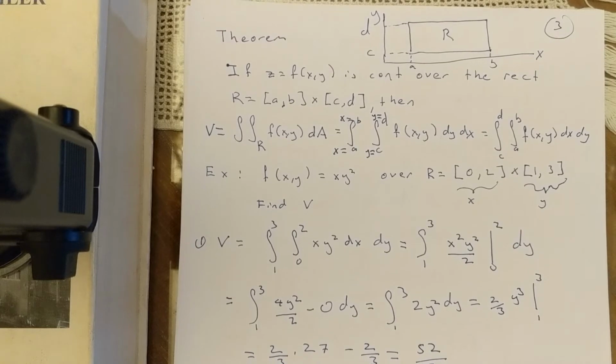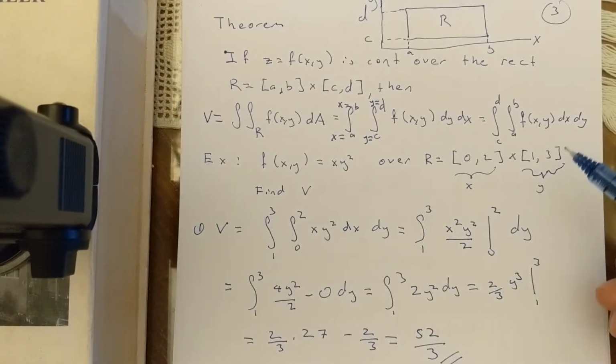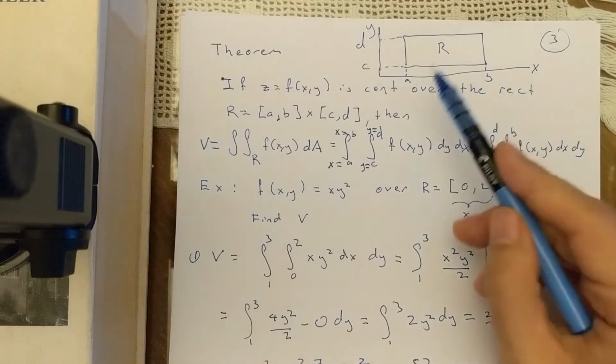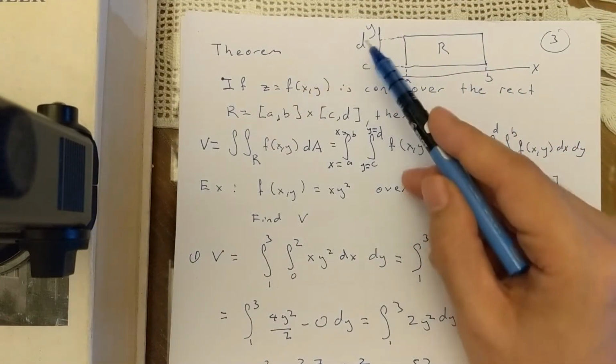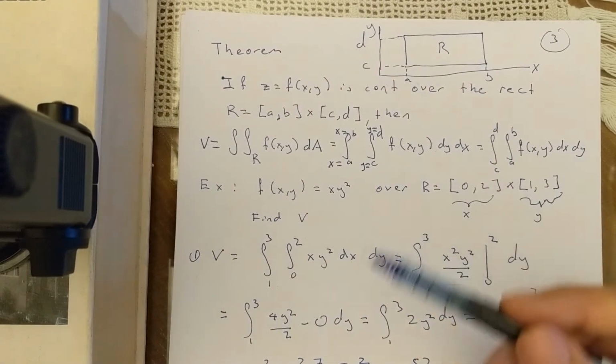Let's get down to an example, okay? Let's say I'm interested in the surface x squared y squared, whatever that looks like, okay, over the rectangle [0,2] cross [1,3], okay? So all we have to do to calculate the volume is apply the formula.